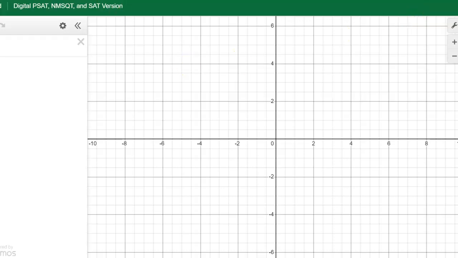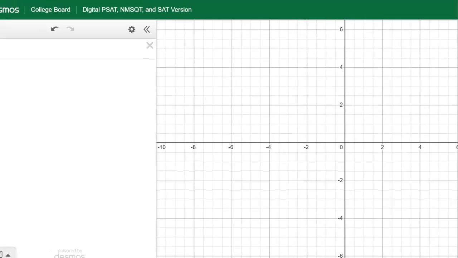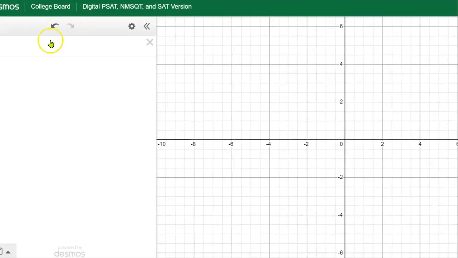Move this over. 360 times 14, I need to parenthesize that, divided by 22 pi.